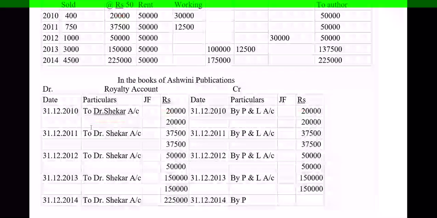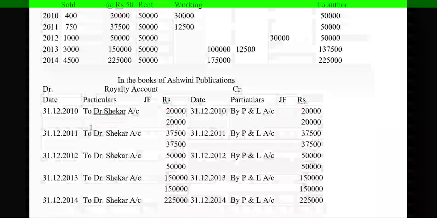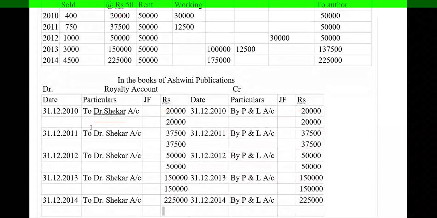So royalty account is credited by P&L account, 2,25,000. So now let's do the totaling here. So 2,25,000. So here also 2,25,000. So this is how we should prepare the royalty account.